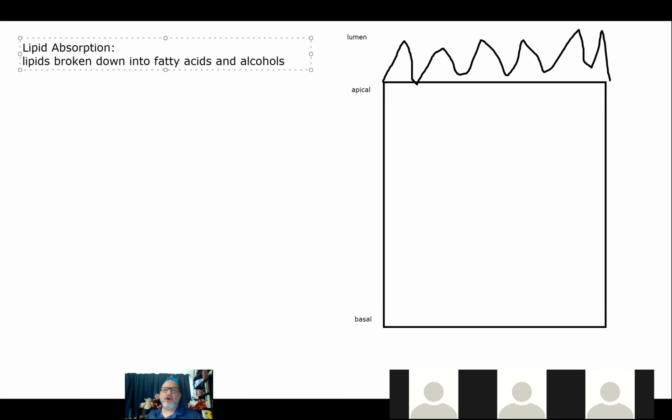Again, the primary alcohol is indeed glycerol, because remember, our most common digestive lipids are triglycerides, but we can simplify by just saying alcohols. Excellent. Once again, we want to talk about the chemical breakdown and the mechanical breakdown of these. So let's talk about the chemical digestion.